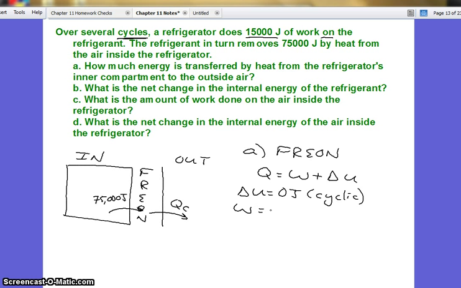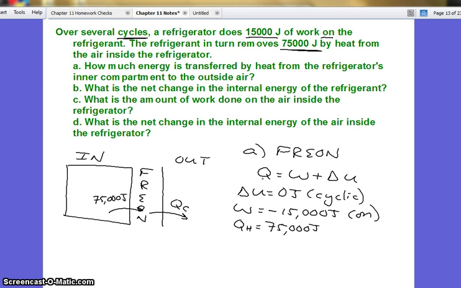So therefore, the work is negative because it is on the Freon. We've got to watch out for key words like on or by. And finally, the heat is transferred from the inside compartment into the Freon. So the 75,000 joules is entering the Freon. So that is our QH for the Freon.